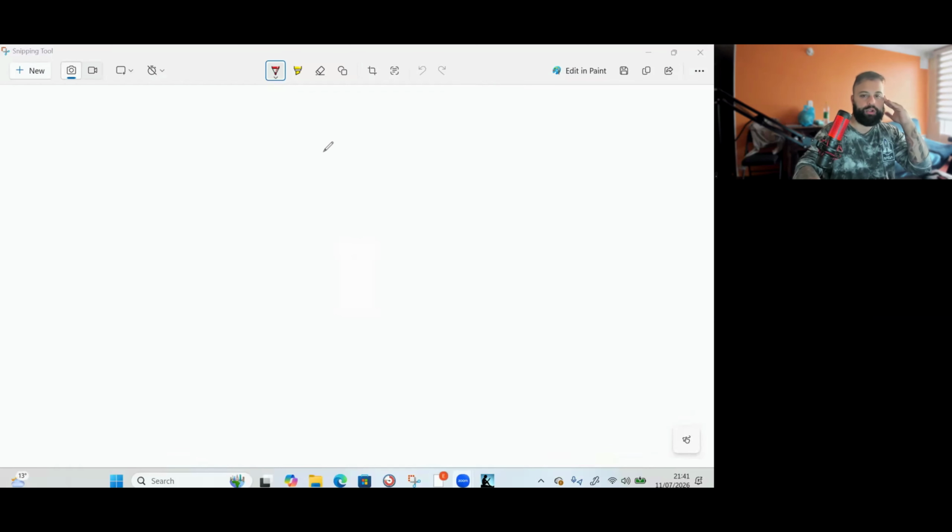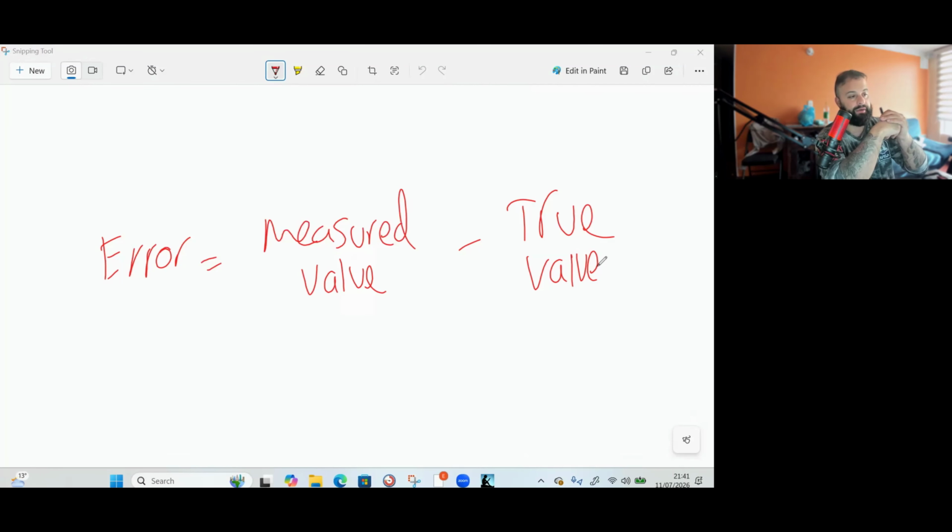So in their Pearson Edexcel, they say that the true value is the value that will be obtained from an ideal experiment. So now let's look at what an error actually is. An error is, for example, the measured value minus the true value.